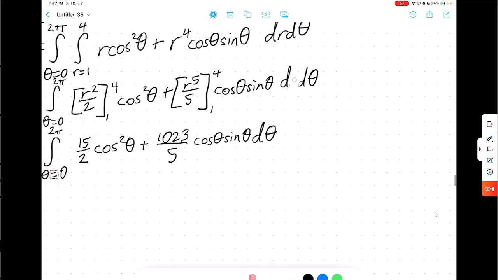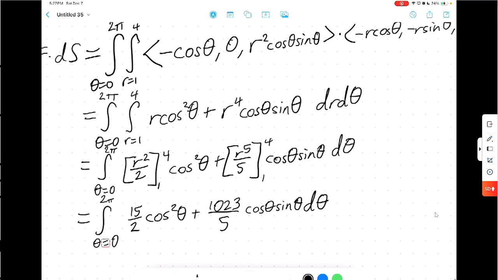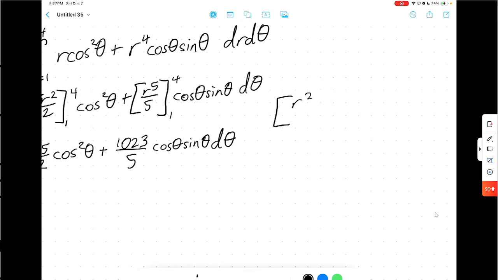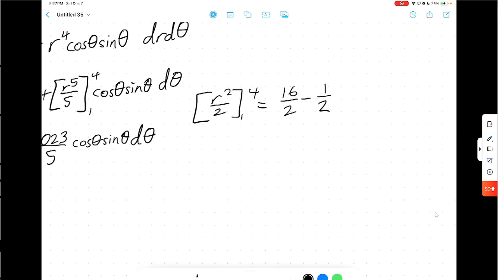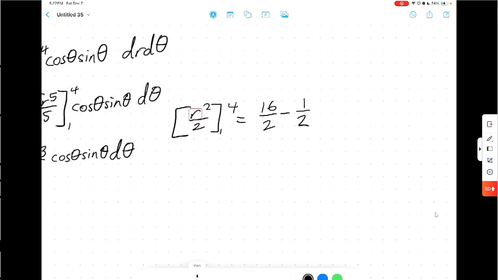This should be a d theta. Why is that 15 and not 16? Because r squared over 2 evaluated from 1 to 4 is going to be 16 over 2 minus 1 over 2. Oh. Yep, there was an extra 1 there.